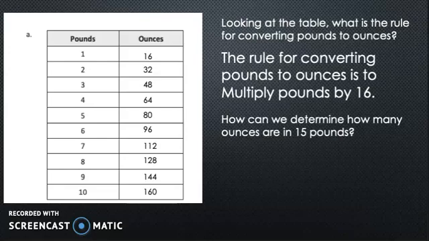I can also multiply 15 pounds by 16. We can add the number of ounces in 10 pounds and 5 pounds together. That's on the chart. For example, 10 pounds is equal to 160 ounces. 5 pounds is equal to 80 ounces. We can also multiply the number of ounces of 5 pounds by 3, and that would also give us the correct answer.